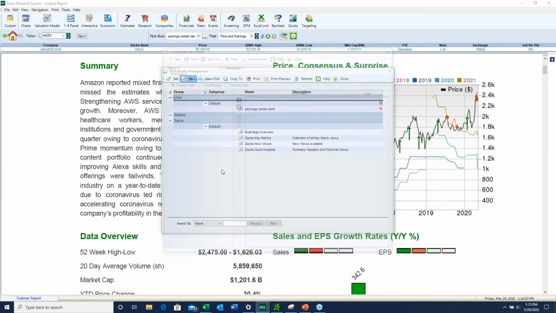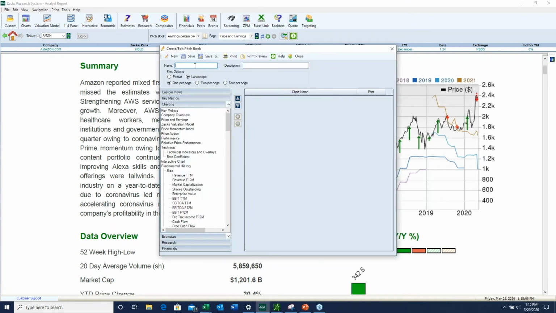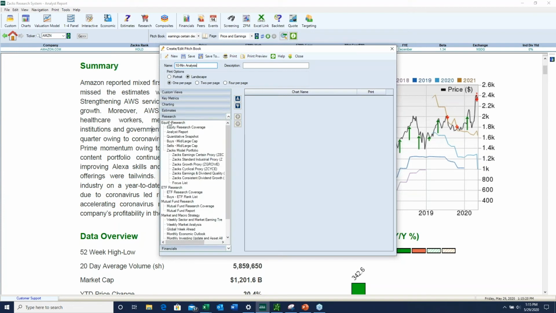So I'm going to create this new pitch book here, and I'm just going to call this 10-minute analysis, and I'm going to add that very first research report that we added, which is under research right here, and I'm going to add the analyst report, and I'll go ahead and save that. I'm going to add one report right now, which is just the analyst report.